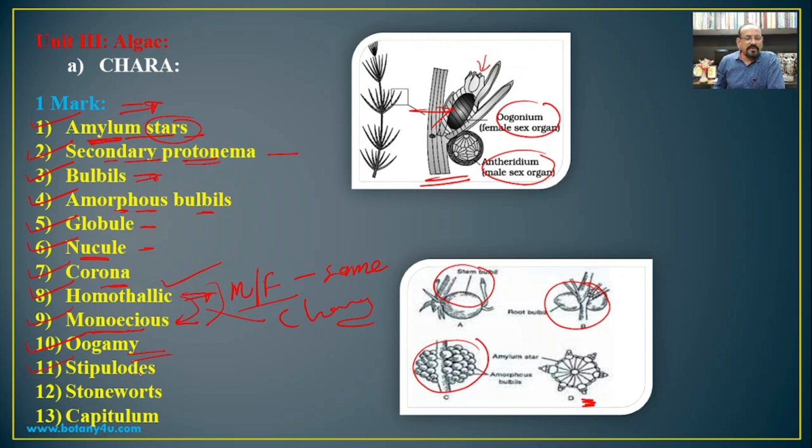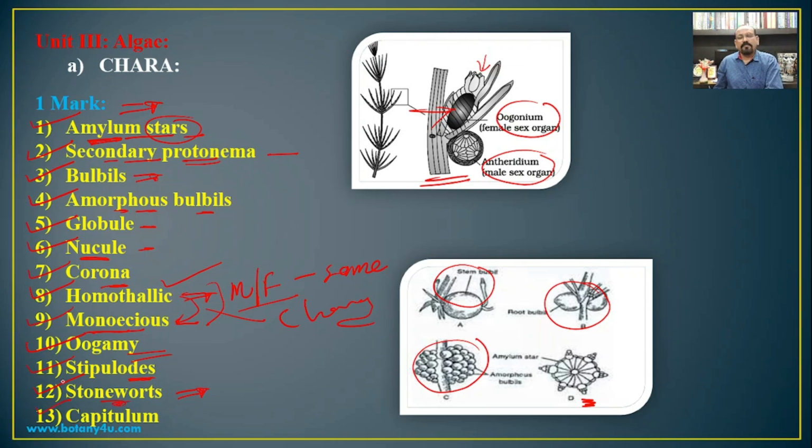Then stipuloids: these are the scale-like structures which are present in the nodal region of Chara. Then stoneworts. If you see these algae, certain chalky compounds, that is the calcium-containing material, are deposited on the cell wall, and hence it is a hard plant, and hence it is known as stonewort.